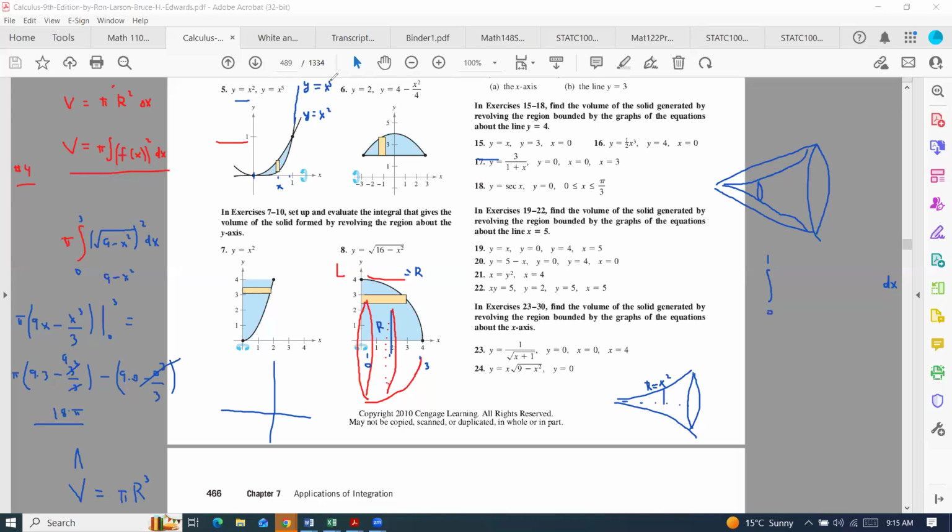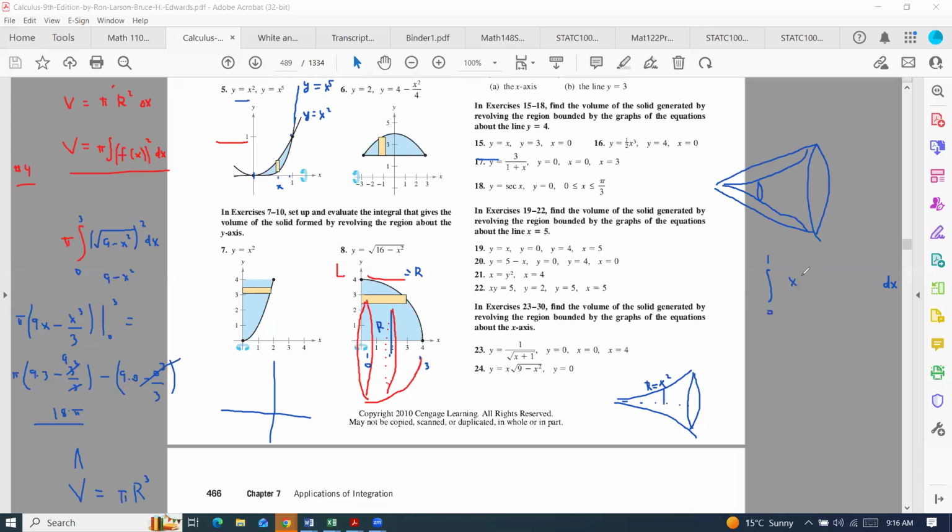So they intersect each other at 1 and at 0, and then the x to the fifth, of course, starts to increase faster than x squared, but x squared is above on the interval from 0 to 1. So the one that is on the outside will be x squared.